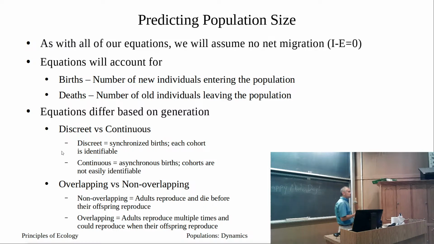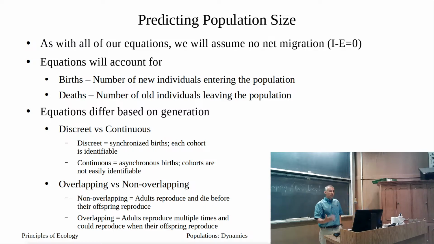Now, discrete and continuous is only one part of our equations. The other aspect is overlapping versus non-overlapping generations. If we have non-overlapping generations, then our offspring are going to be reproducing after the parents have died. Now, they can be alive at the same time, but when we reproduce, we don't have any overlap between our parents and offspring, or parents and grandparents, for that matter.